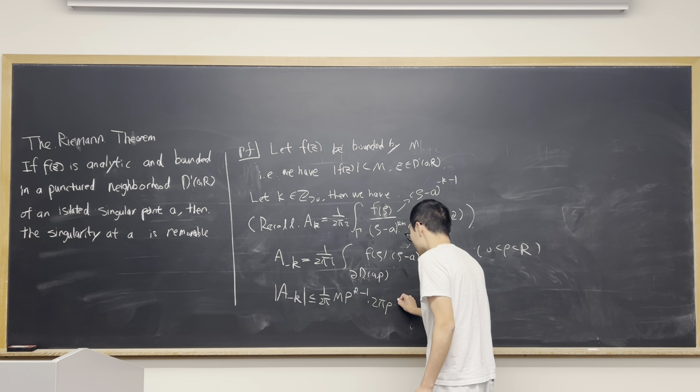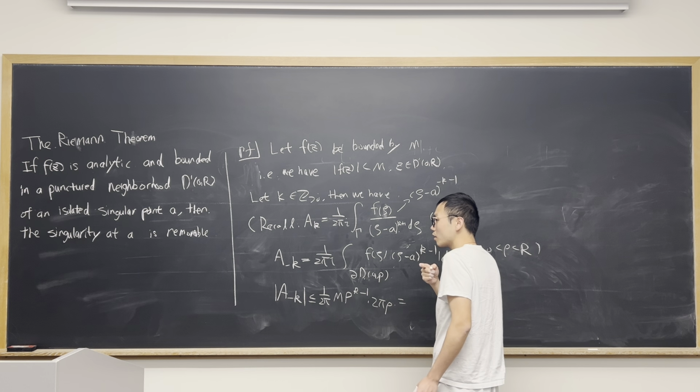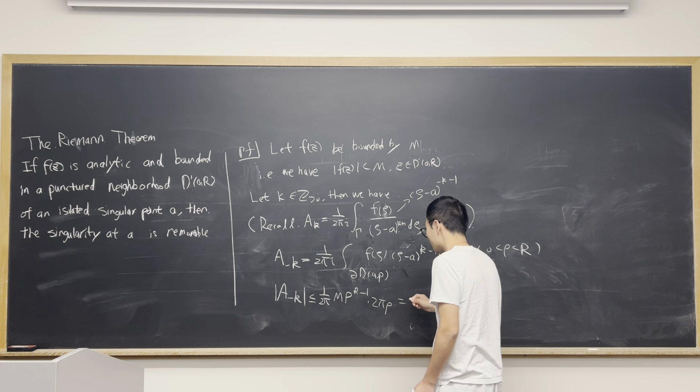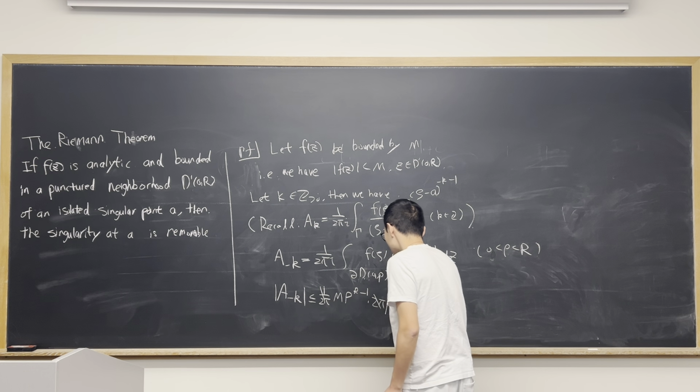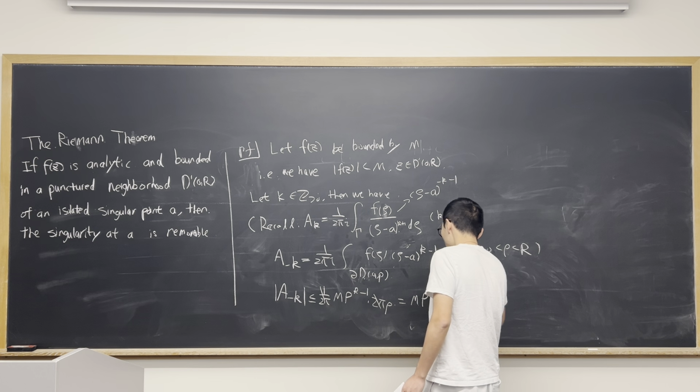The 2 pi cancels out, and this is equal to M times rho to the kth power.